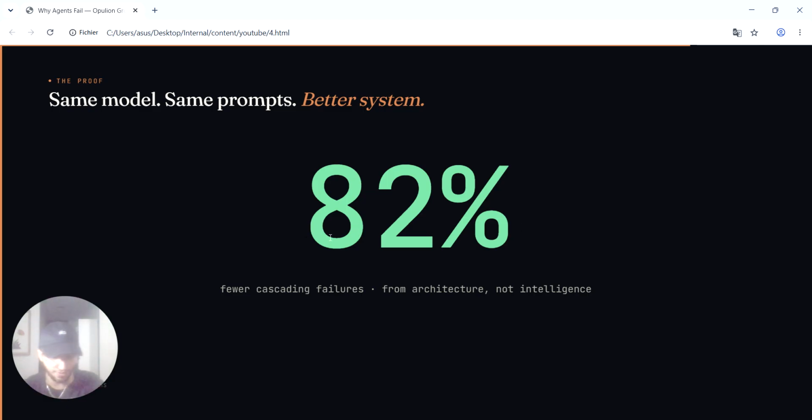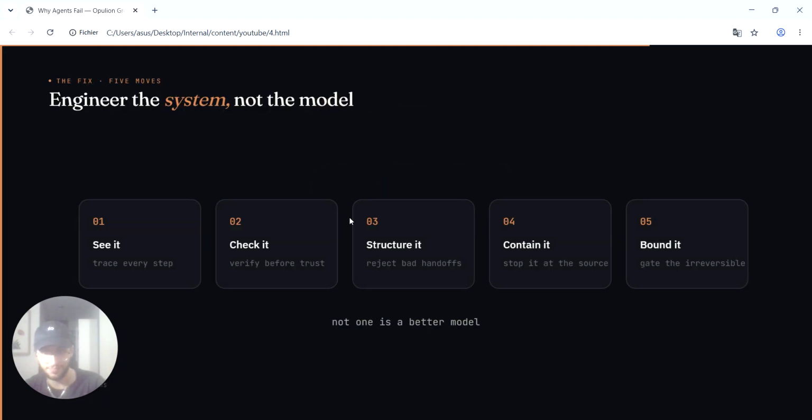It was never intelligence, and that's the entire point of everything I've shown you so far. The leverage was never in the model. It was never in the tech itself. It was always in the system and in how the engineer orchestrates everything together, and all the other points I've told you in this slide.